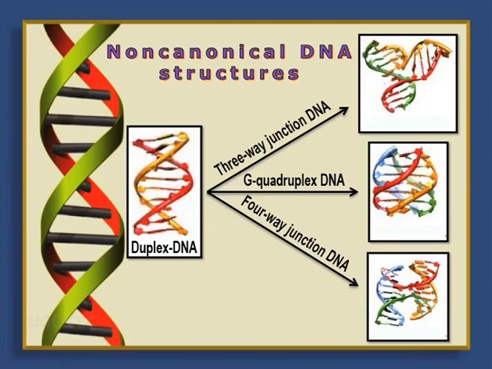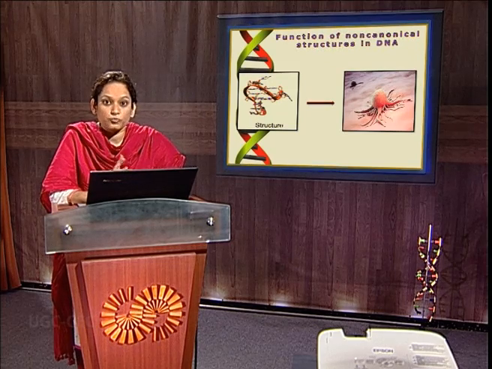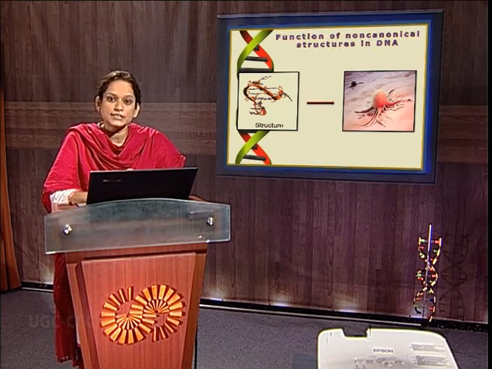So first, why is it important? As we can see, the non-canonical DNA structure deviates from the duplex DNA, as shown in this diagram, to the three-way junction DNA, to the G-quadruplex DNA structure, and the four-way junction DNA. So we can see there is a difference in the structure of DNA. Further on, what is the function of this non-canonical DNA structure?